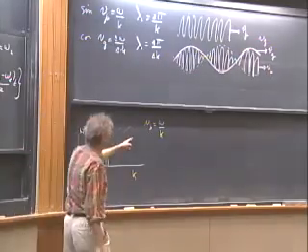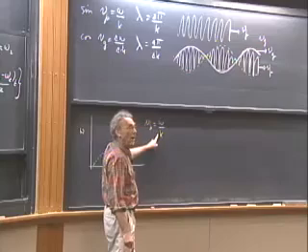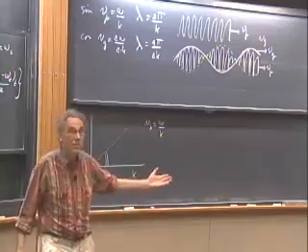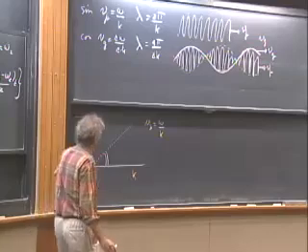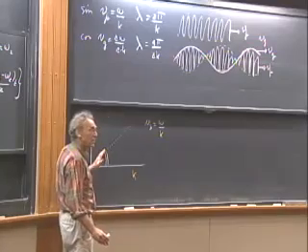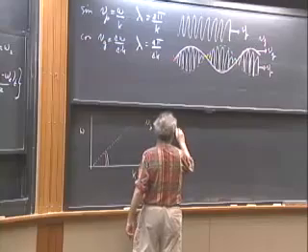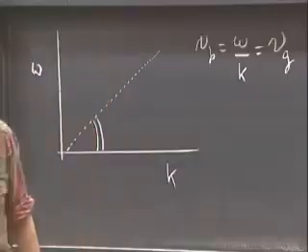And so you will see, since the group velocity is d omega dk, which is the tangent of this line, that the group velocity is the same, of course. Because if you take the tangent of this line, no matter where you take it, that is the same slope. So this is also the group velocity. And so this is a non-dispersive medium.